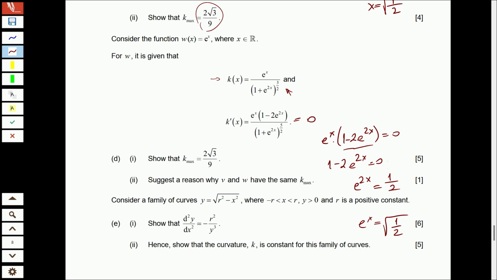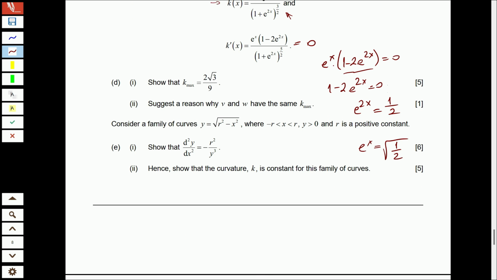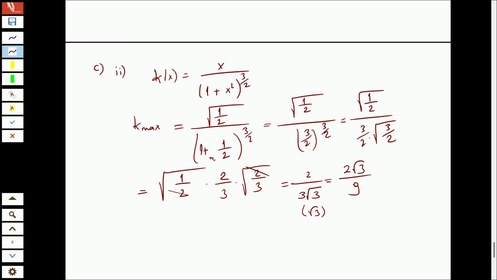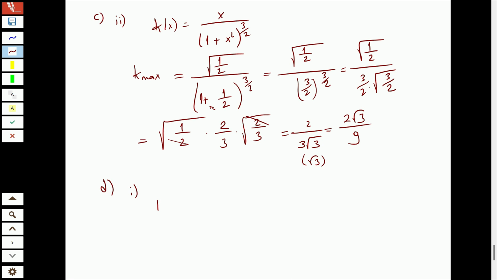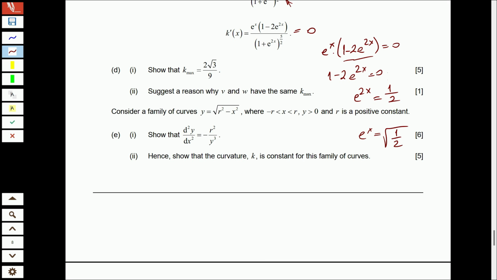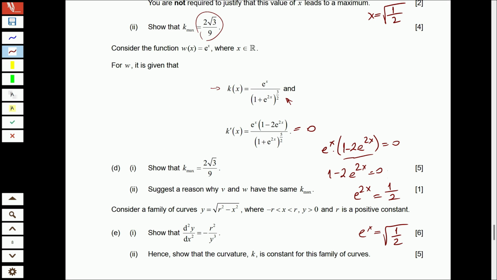So I will directly plug in this value of e to the power of x, let's write here again, to find k-max. I know that in the next question k(x) looks like this expression.